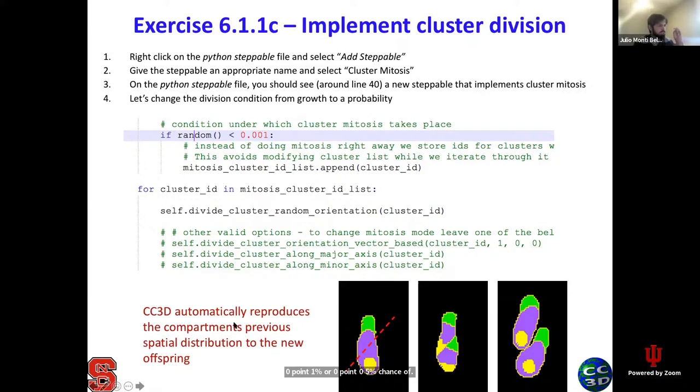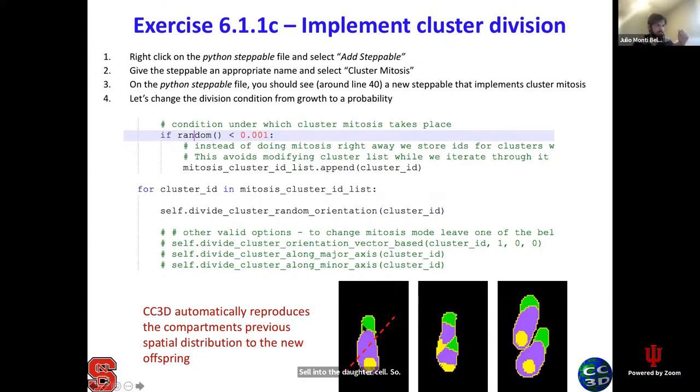And the way that it happens is that CompuCell automatically chooses the division plane for you randomly because you asked for random orientation, and then CompuCell3D automatically reproduces the compartment arrangement from your original cell into the other cell. So you make this line here, okay?